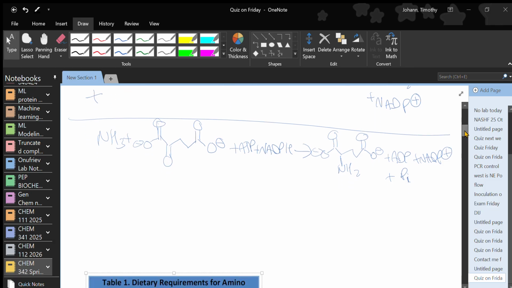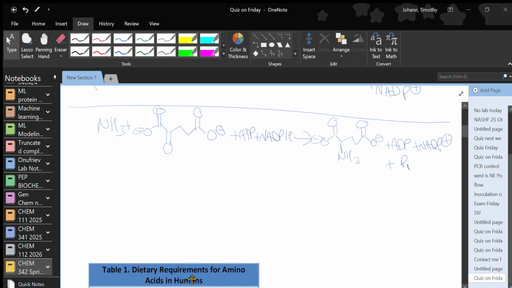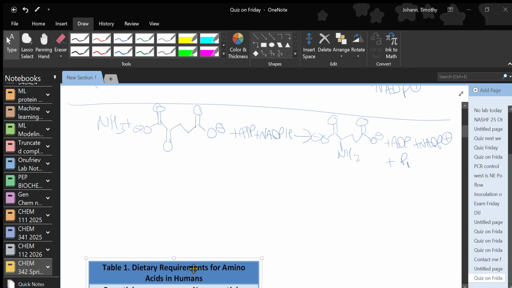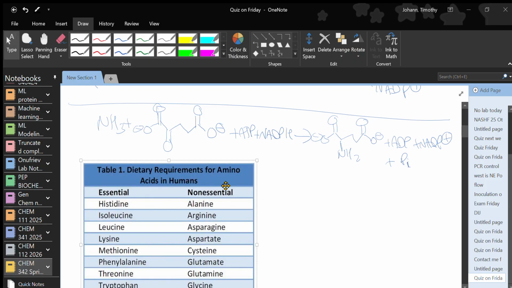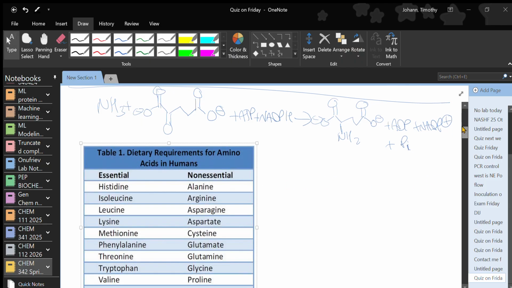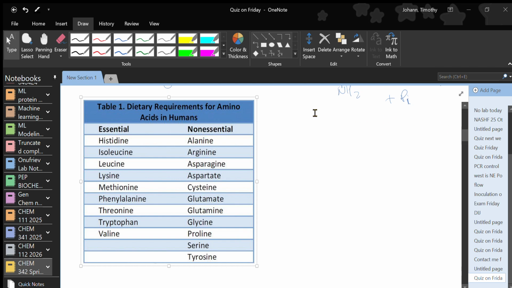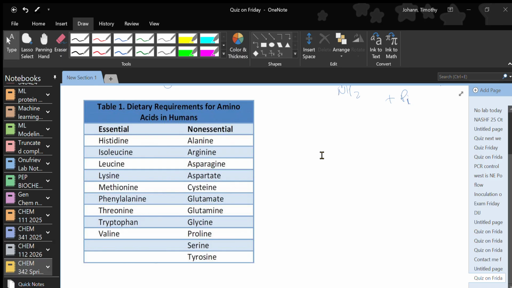All right. So that's important in terms of amino acid metabolism. We're in the amino acids chapter now, and what I want to do is point out that you may have heard of essential and non-essential amino acids. I just kind of want you to know the term. I do not want you to know which is which. This is for humans. It's going to be different for every organism. Okay.